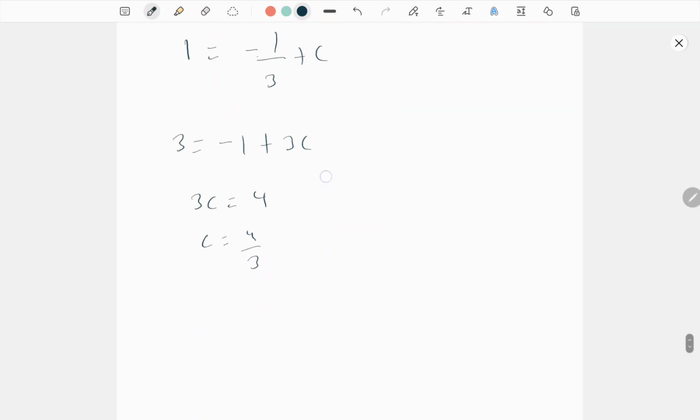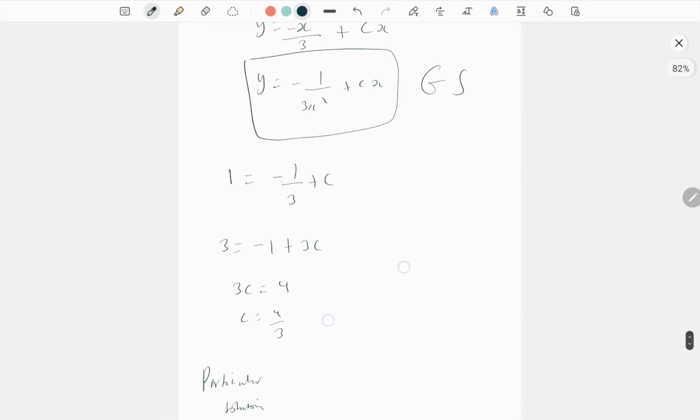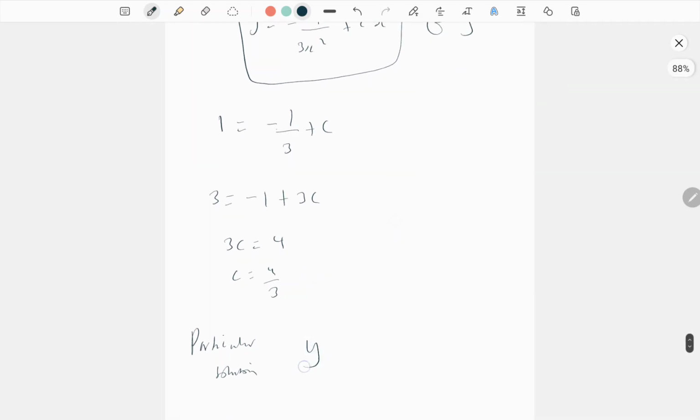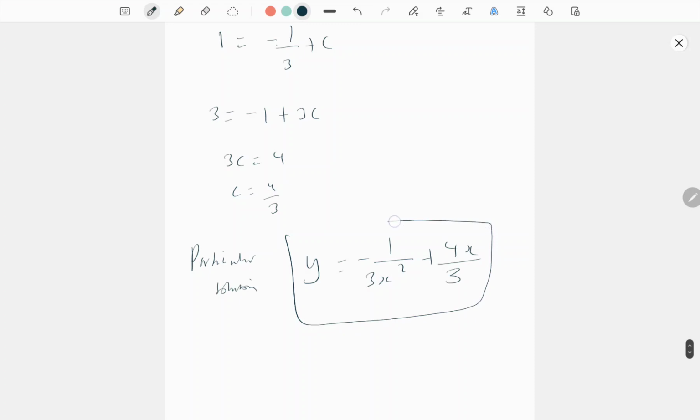So our particular solution is going to be what we have above, but we can replace the c now. There we go, that's our particular solution. And that's how you solve a first order ODE.